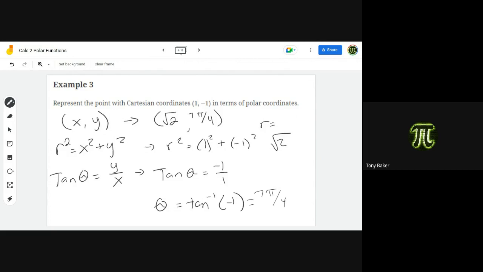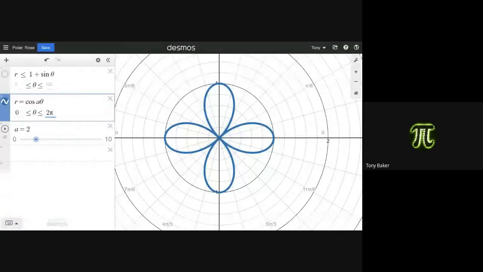To graph a point in Desmos, you have to have it in the xy coordinate. To graph the functions in Desmos, you just type it in as r equals, and it'll graph it. But your points, you actually have to do differently.